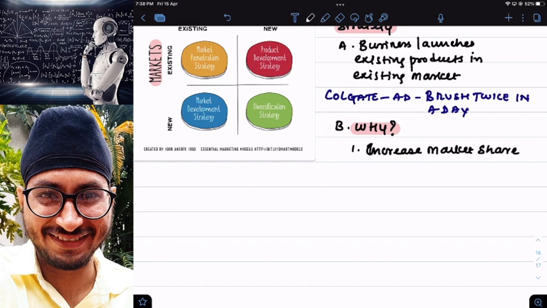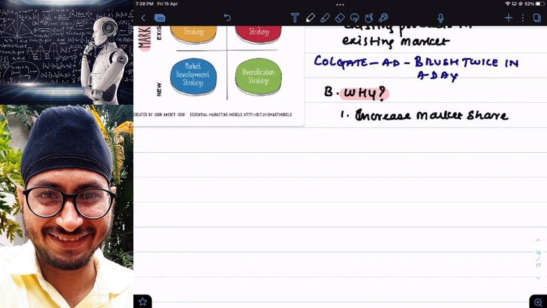Intelligent strategy. Next, I want to secure dominance over market. Clear? Means I want to dominate the market. I want to ensure that small competitors get eliminated from the market.